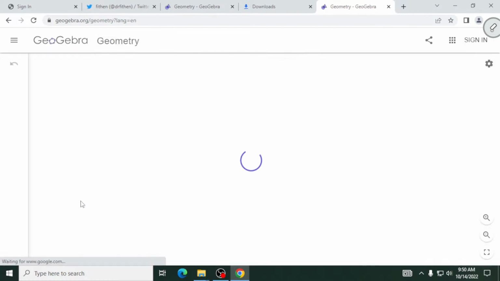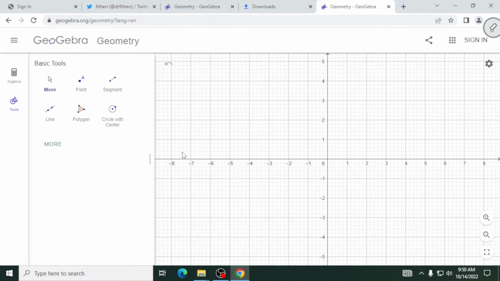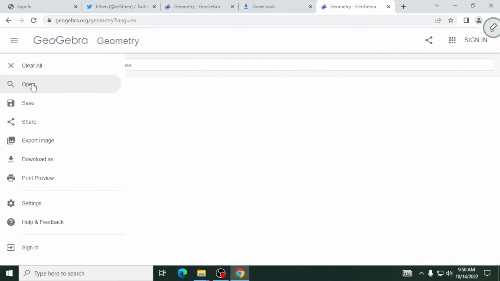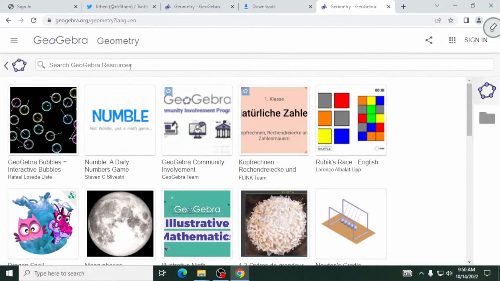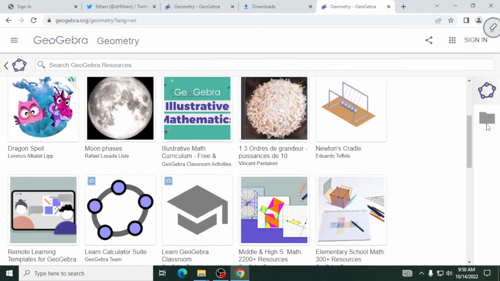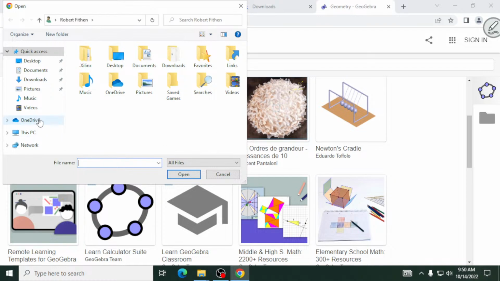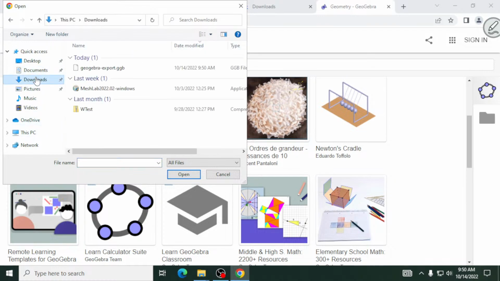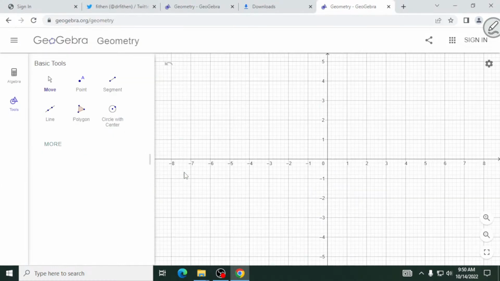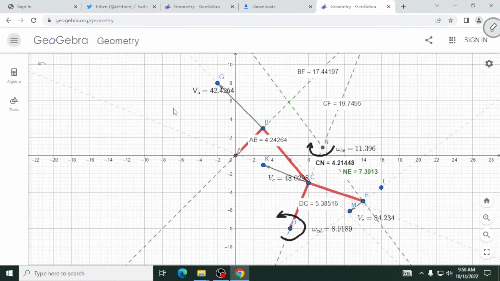I'm going to do the geometry and see if it starts empty and see if I can open. Open. How do I? Oh, file. Okay. Downloads. There it is. Wow. Okay. Cool. So now what do I do with that?